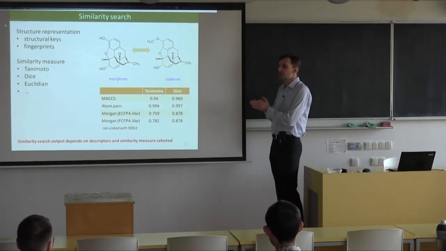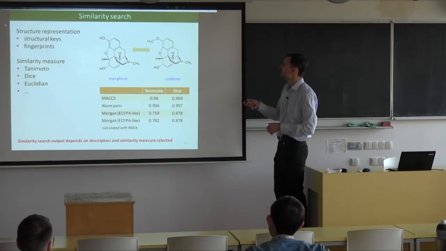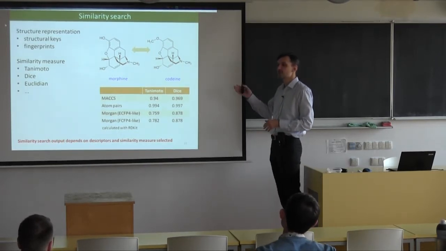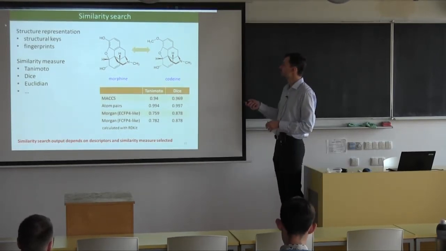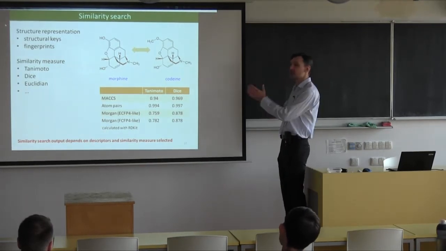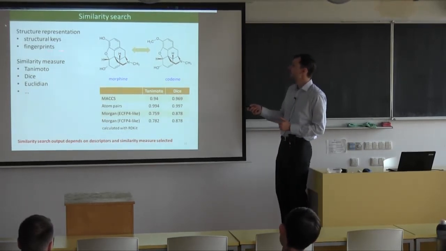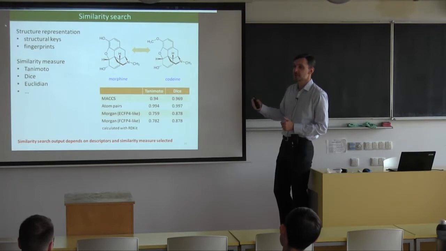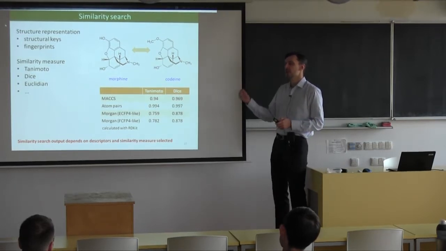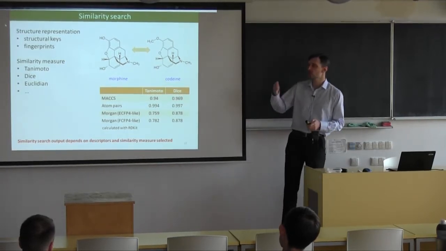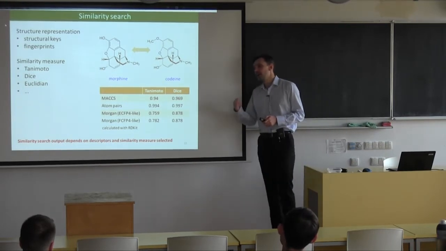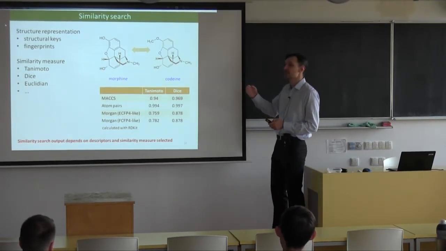If we talk about structures, we can represent them with different fingerprints, structural keys, and so on. We just generate some numbers which represent our structures, and then we can calculate different similarity measures, which return a number from, for example, 0 to 1, showing how similar your compounds are.